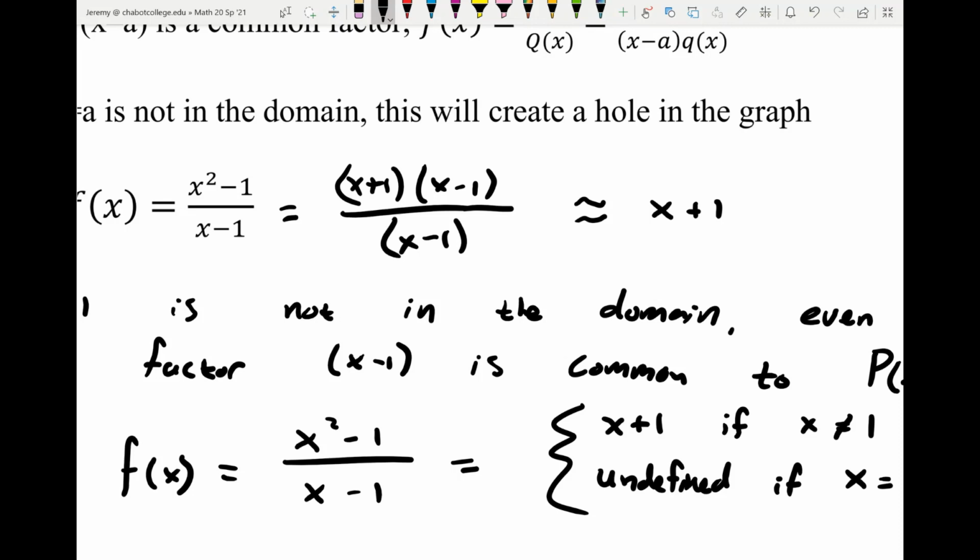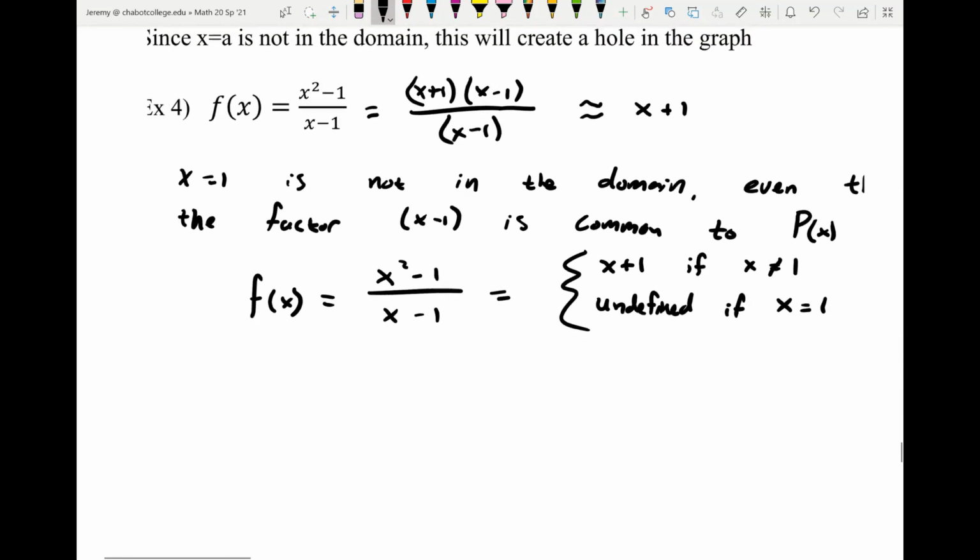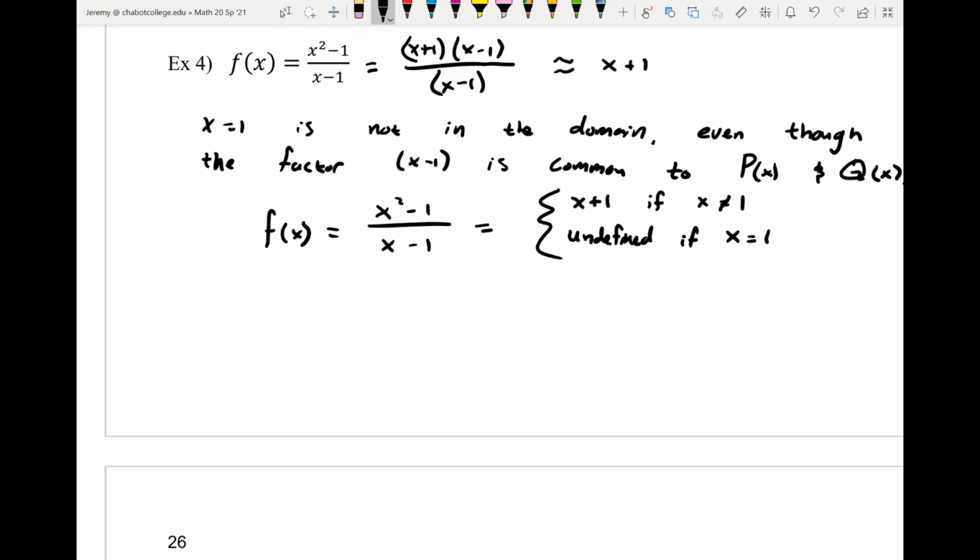So the graph of this is going to be pretty cool. The graph ends up being the graph of the line y equals x plus 1, which is just a linear function. It has slope 1 and y-intercept 1.